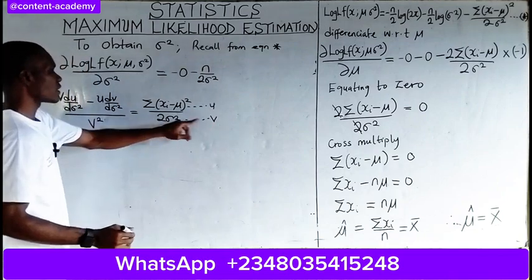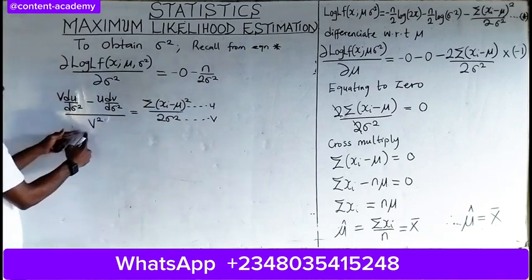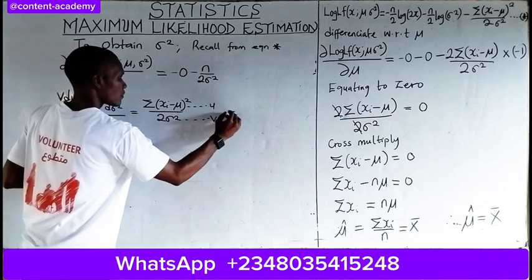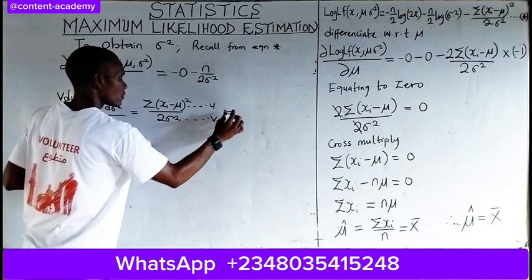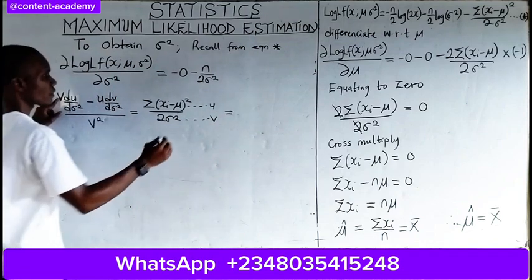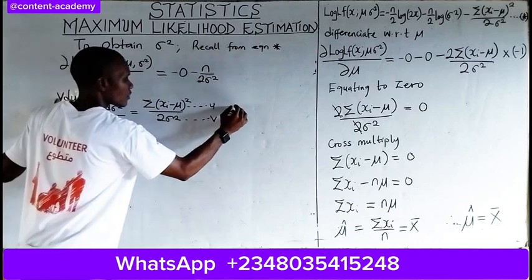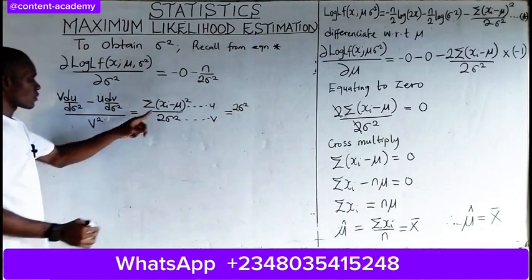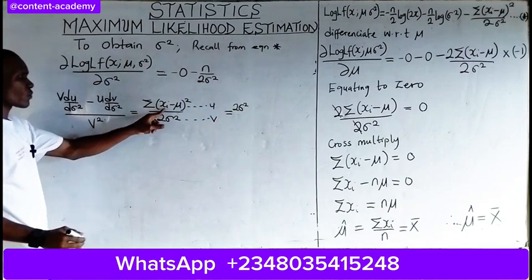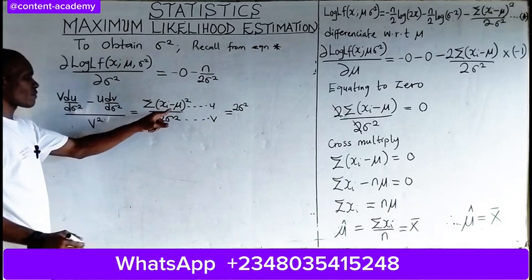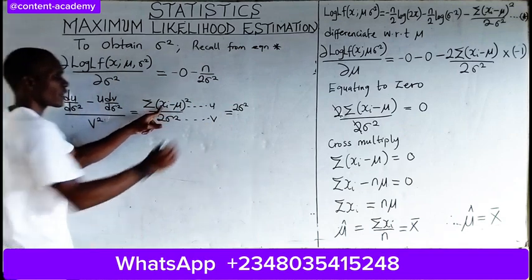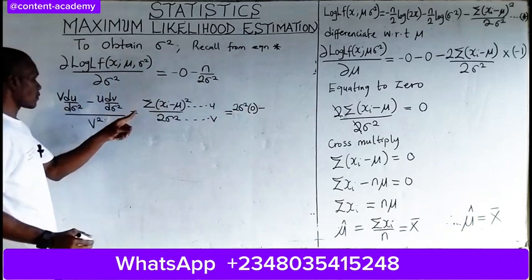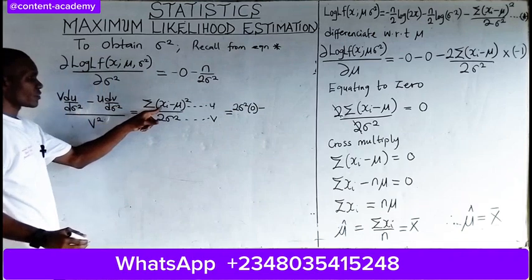So if we differentiate this using this concept, we get something like v. Let's put our v. This is v. We'll have 2 sigma squared. The du all over d sigma squared, there is no value or function for sigma squared here, so we have 0, minus. Now we use u. This is our u.